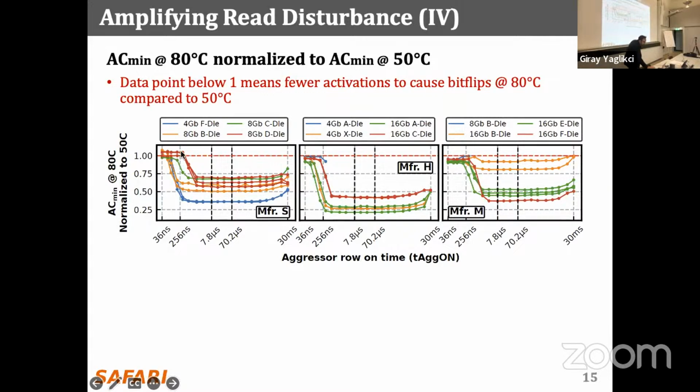As you increase tAggON, there's a significant decrease around this region, this region, this region, and all these are below 1, right? So it shows a very strong relation between the temperature and the RowPress vulnerability. When you increase your temperature, RowPress gets worse.